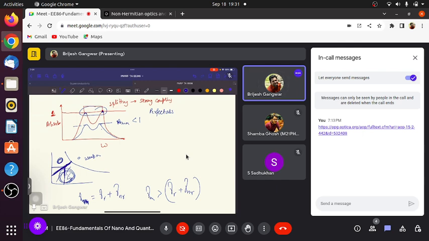Then mostly people talk about this region and this region. This region is weak coupling, and this line is also weak critical coupling.